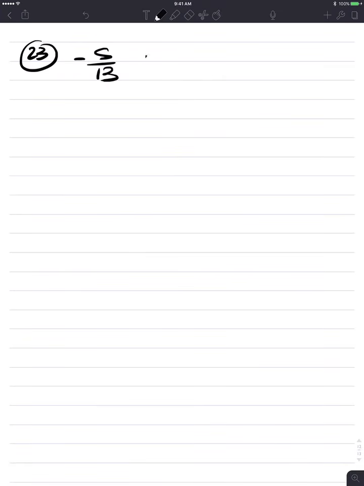Negative 5 over 13 plus 1 over 26. Notice that my denominators are not the same. These fractions are unlike.